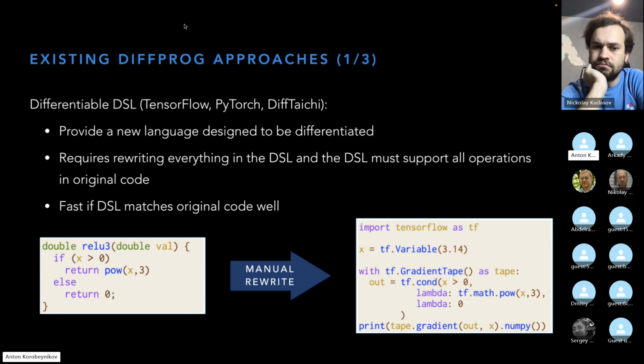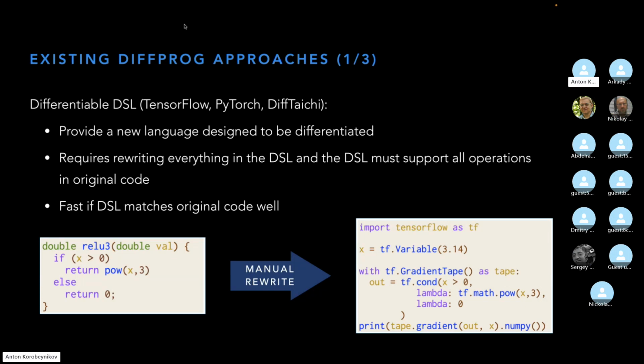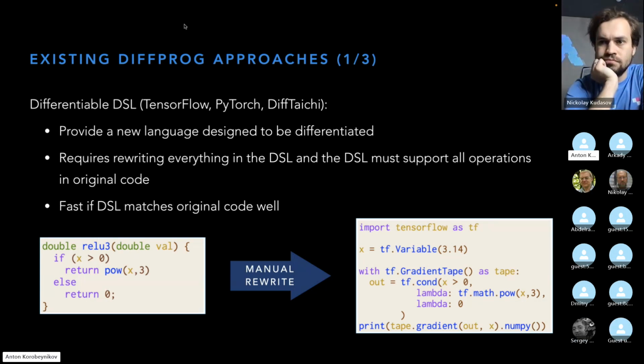There are some existing approaches to differentiable programming, so it's not something entirely new. The field itself started to be developed, I think, back in the 70s of the last century. But these days, essentially, we might see three generic and different approaches to differentiable programming.